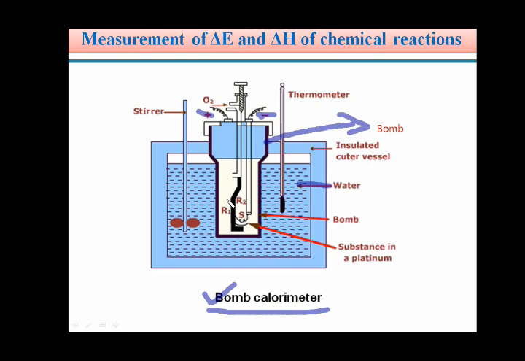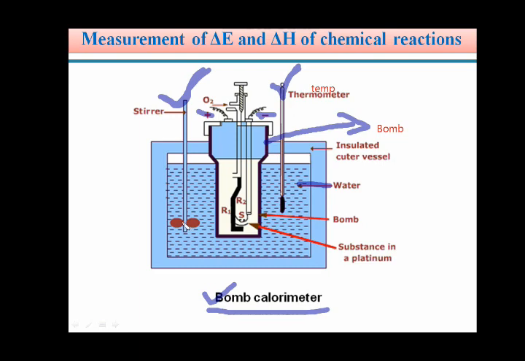Outside of the bomb, on one side you can place a thermometer to measure the temperature of the water. And on the other side of the bomb calorimeter we can place a stirrer, a mechanical stirrer.